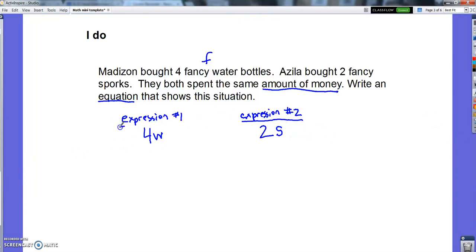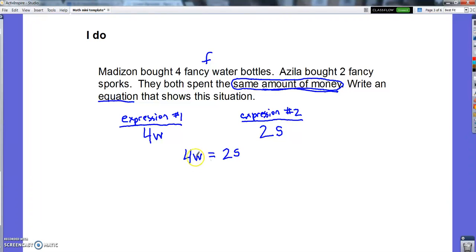So I got expression number 1 and expression number 2, and I have this wording in here that tells me that I can make them into an equation. They spent the same amount of money. So however much these were and however much these were, they are equal to each other. So I can make an equation by taking this expression and this expression and saying they are equal to each other.